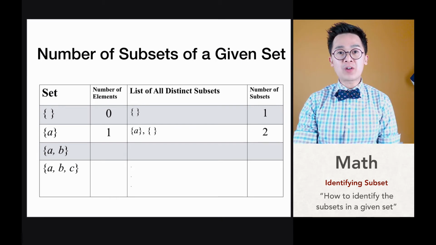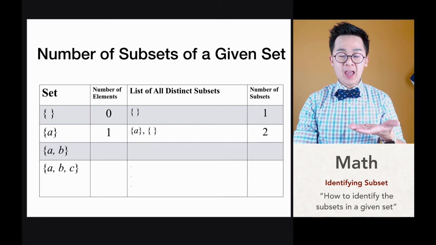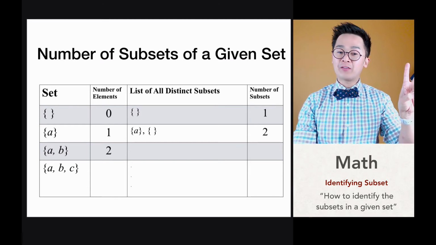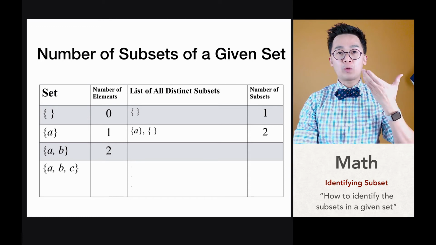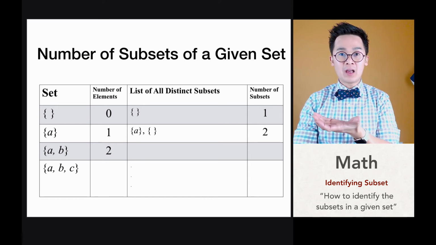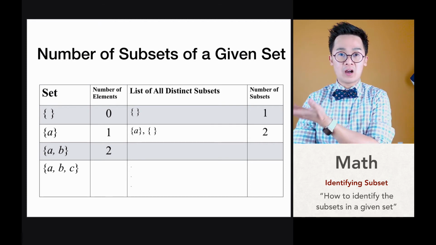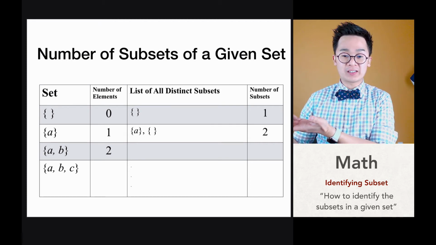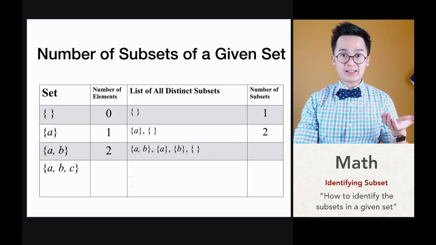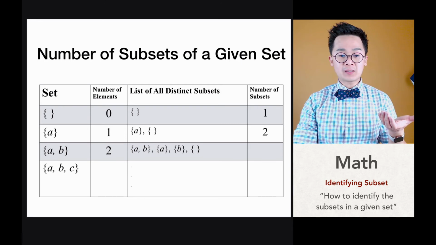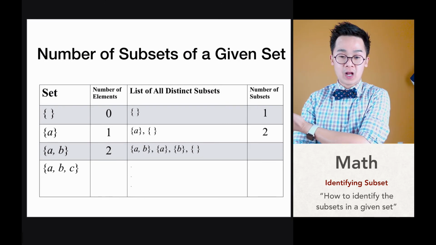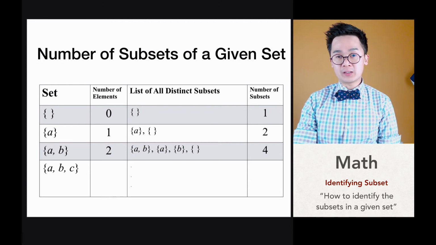For example number 3, we have {A, B}, which has 2 elements, A and B. However, for the number of distinct subsets, we can have the subset {A, B}, we can have set A, we can also have a subset of B, and then the null set. So our subsets would be {A, B}, which is the total number of elements, subset A, subset B, and then the null set, which totals 4 different subsets.